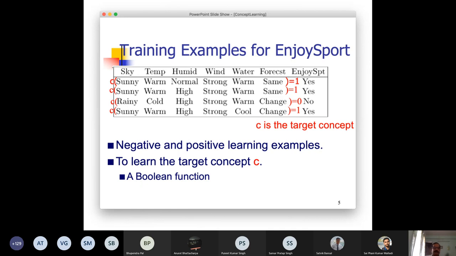Can anyone tell me? For the sky, it should be sunny or rainy. Yeah, no. You express it mathematically. I told you that you express it in the form of a Boolean variable. So it is sky equals sunny. Right? 0 or 1.